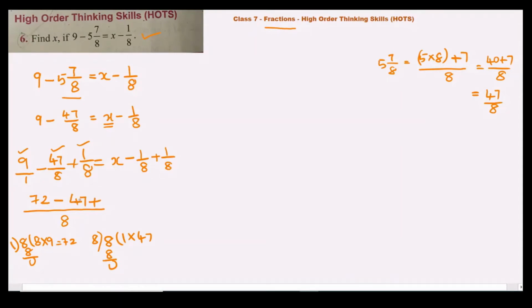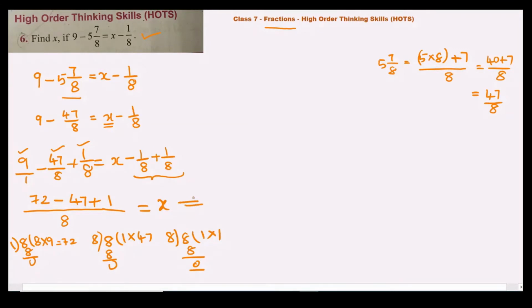Plus what is left out here, again 8 divided by 8 is 1, 8 ones are 8, and then 1 into the third numerator 1 is 1. This entire is equal to x minus 1 by 8 plus 1 by 8 minus 1 by 8 is 0. I need not write 0.